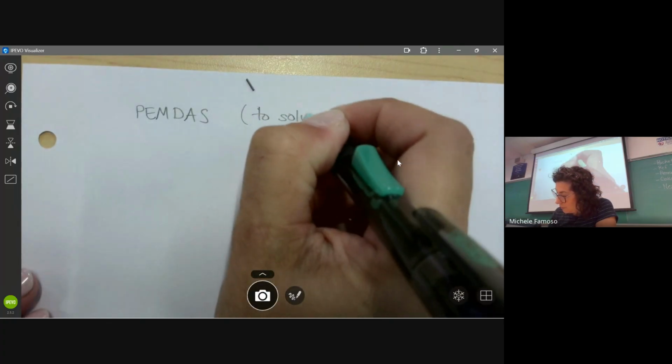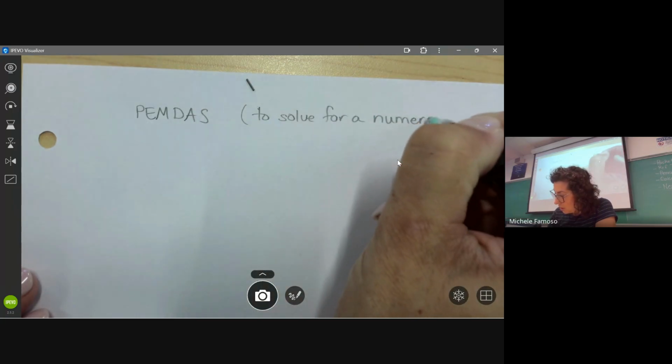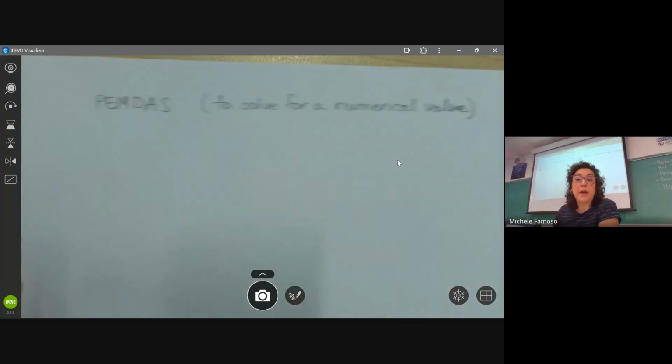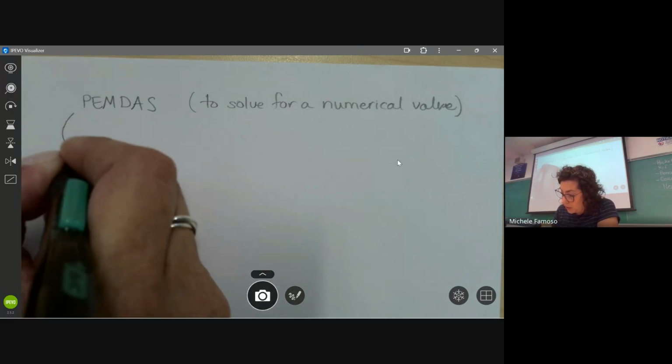to solve for a numerical value. Now, as I mentioned, we're not going to have any numerical values. Not at this point. You're just going to have all these variable letters, which means to get them to the other side of the equation, you actually do the reverse order.